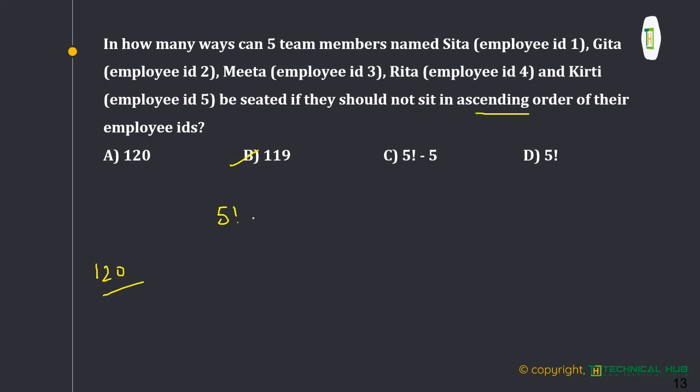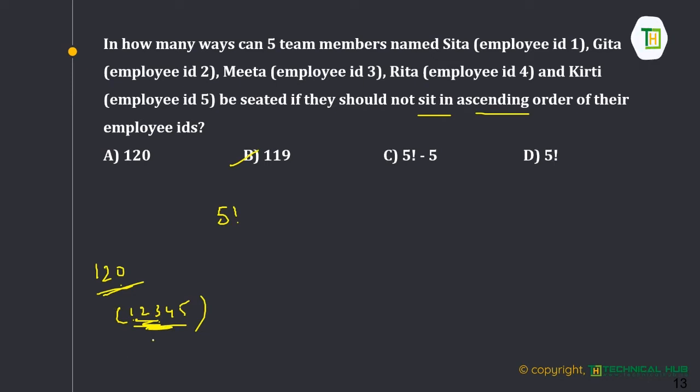Out of 120 ways, one way is 1, 2, 3, 4, 5. According to the 120 ways, their employee IDs are 1, 2, 3, 4, 5. So one way is 1, 2, 3, 4, 5. Is this in ascending order or not? Increasing order. They mention in the question that they should not sit in this order, so you have to remove this possible way.